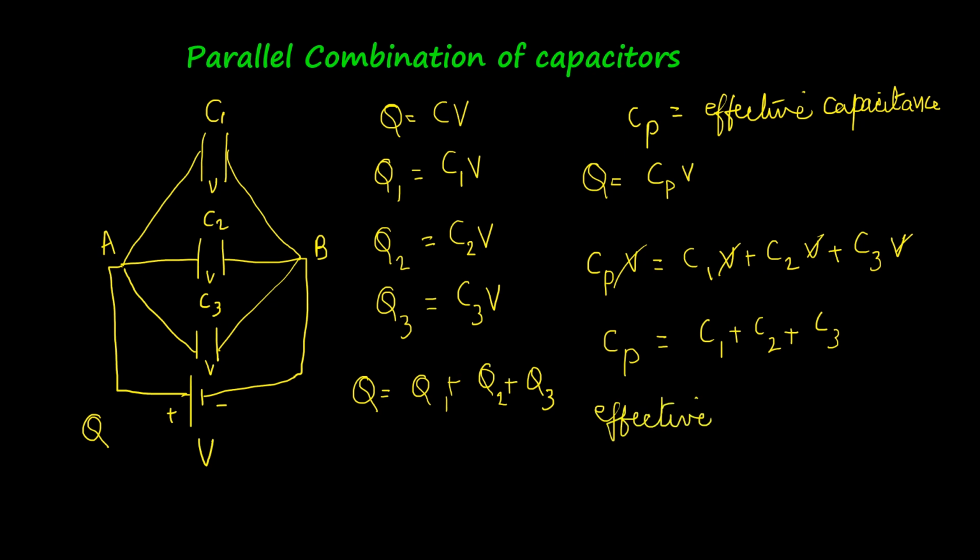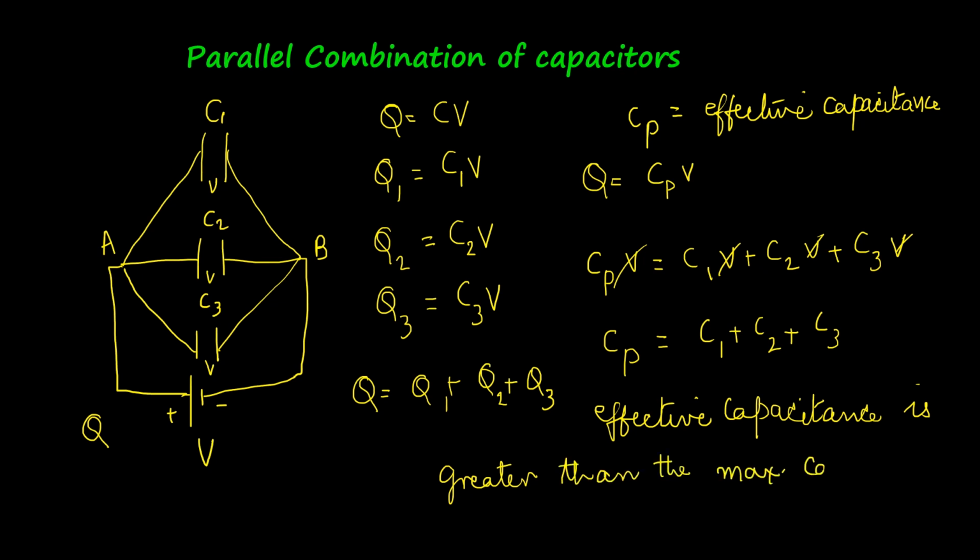So when the capacitors are connected in parallel, the effective capacitance is very much increased. It will be greater than the maximum capacitance in the circuit. There is no need to take an example in order to understand this fact. Yet, let us consider one. Let the first capacitance be 1 microfarad, second one 2 microfarad, and third one 3 microfarad.